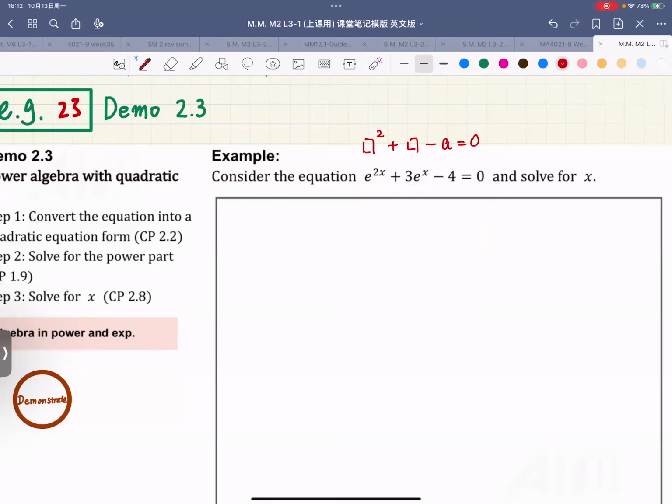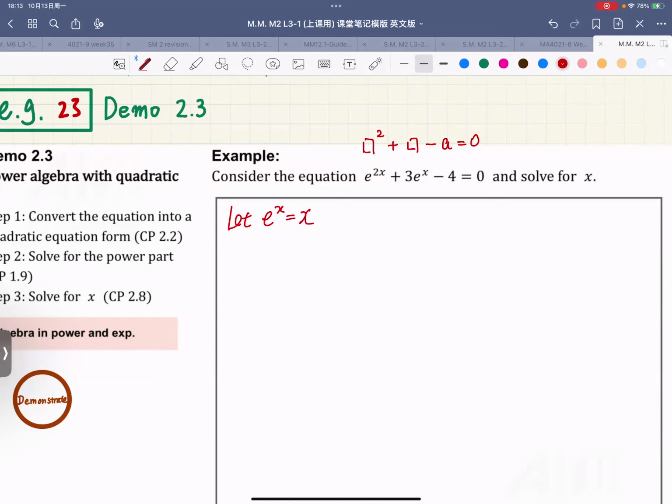Let's say, let e to the power of x equal to x. Okay, let e to the power of x equal to x. Now we break it up. Oh, sorry.